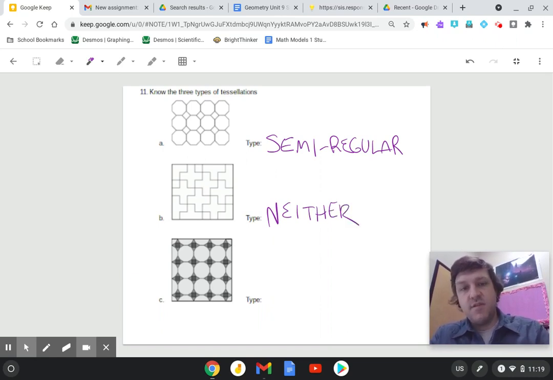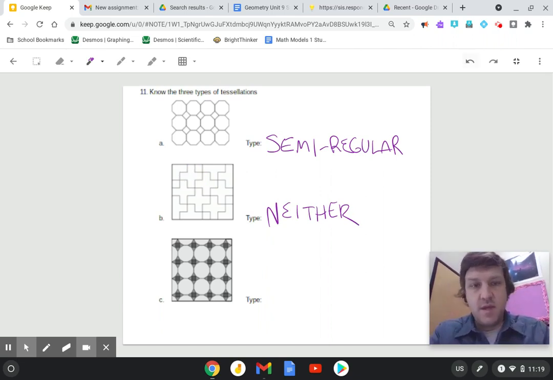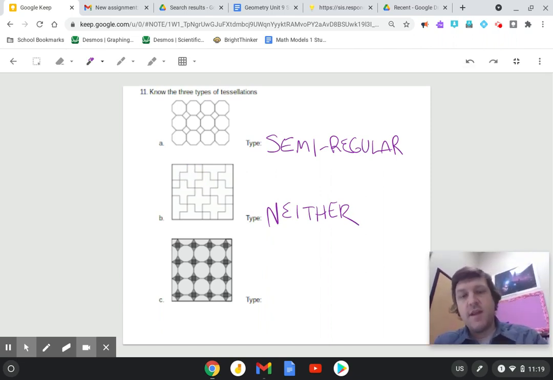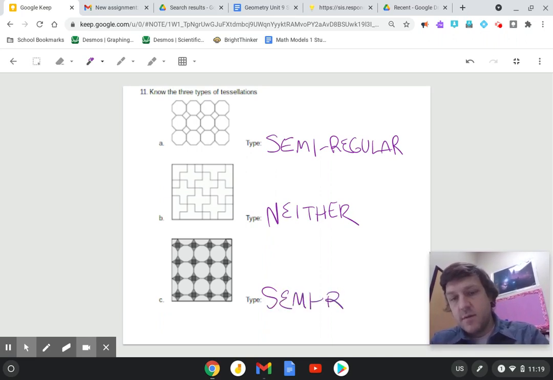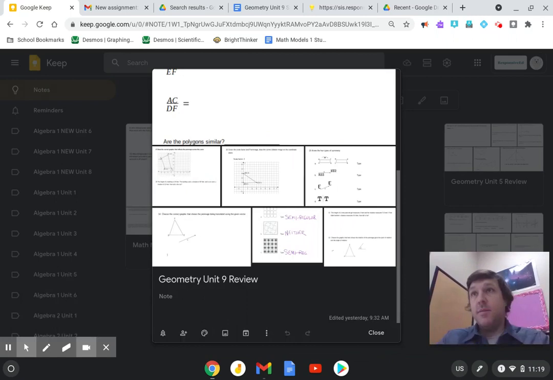They've cut it off, but you can see these pluses. But that's not a regular polygon, so that can't be semi-regular or regular. And then lastly, we have another type of semi-regular in the third option. Again, regular would mean that there is just one type of shape that is tiled together that is a regular polygon. So make sure you go study those. That's in the last lesson from the unit. Let's keep moving through this.